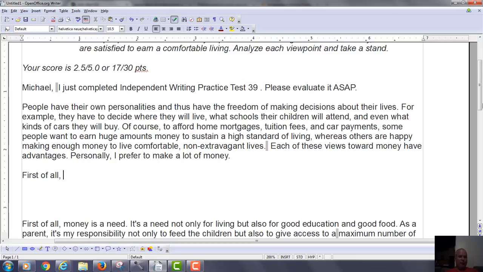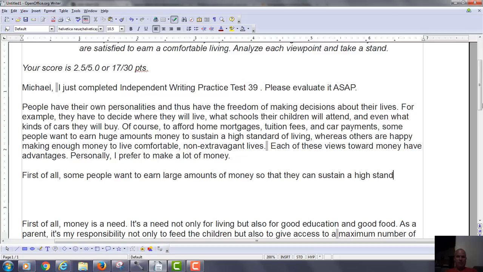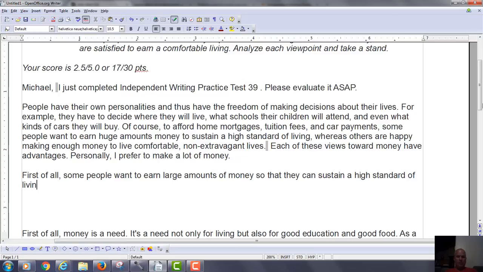I'm going to say first of all, some people want to earn large amounts of money. So that would be the topic sentence for one of the paragraphs.